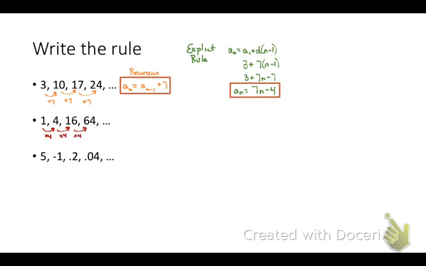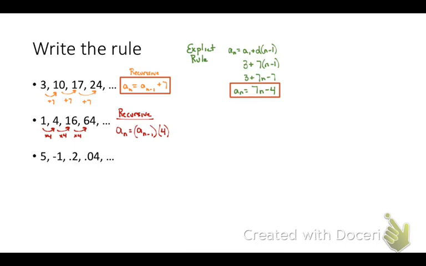So then if I'm going to write my recursive rule, if I have a sub n, I need to take a sub n minus 1 and do what to it? Multiply it by 4.